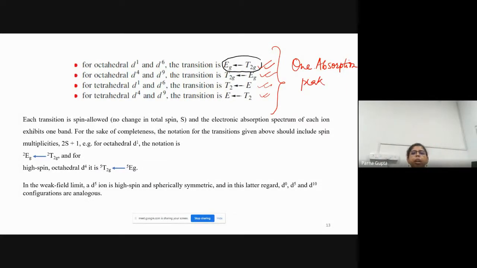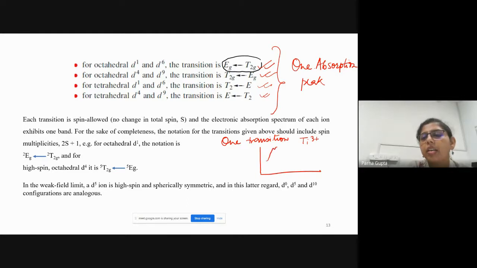It is expected that you will have one absorption peak for that particular transition, but you will not see one transition. If you go to Ti3+, then you will see the band is like this. Okay, so let me explain.